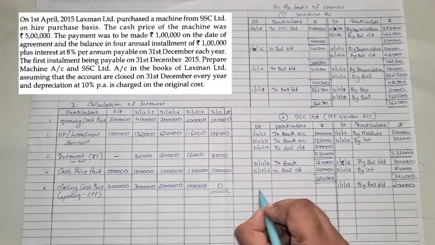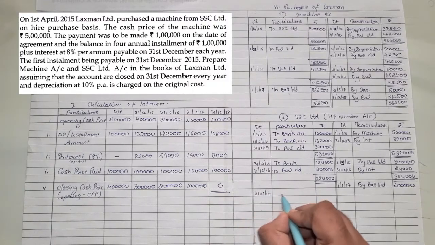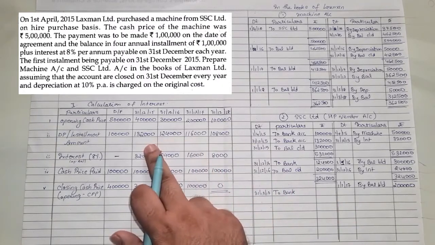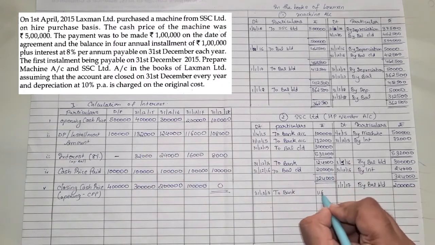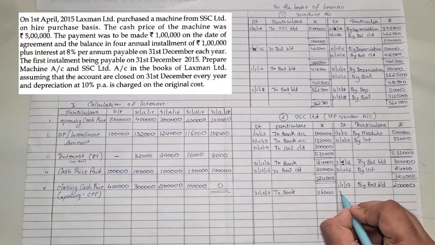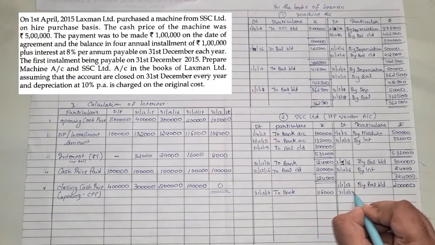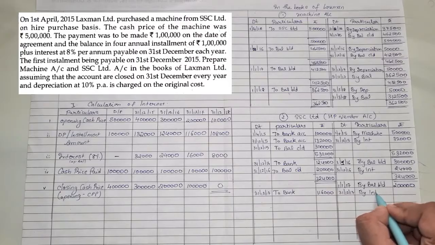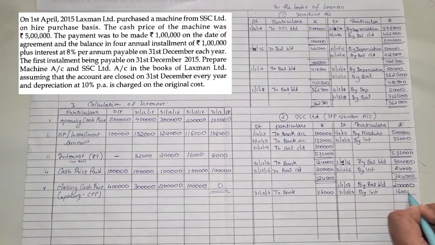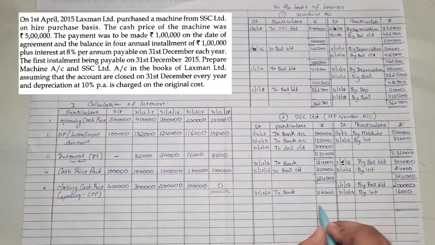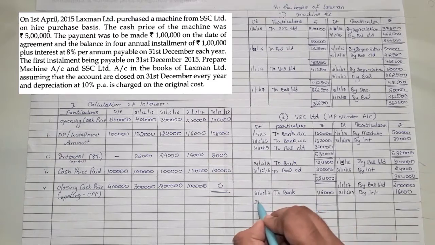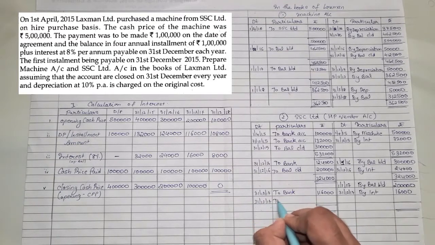Again the same stuff, you just have to repeat the same stuff. On 31st December 17 we made the third installment of 1,16,000. On the same date we also paid the interest of 16,000. We tally the account and we get the balance on the same date.